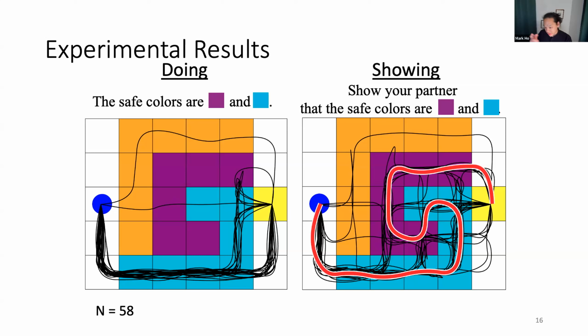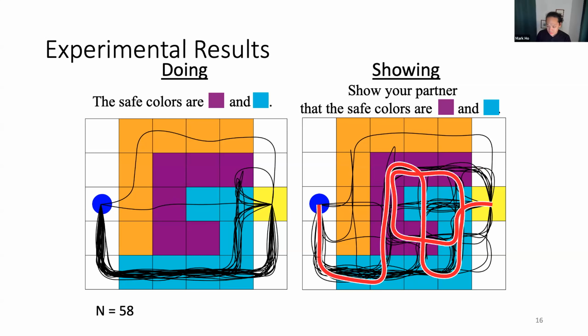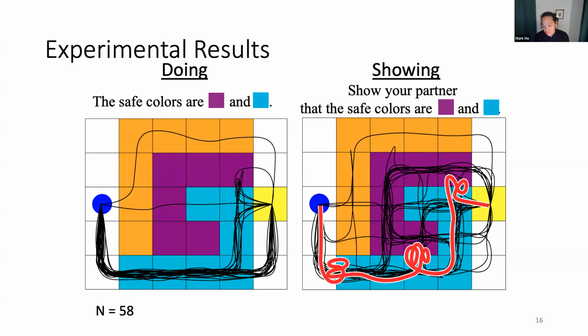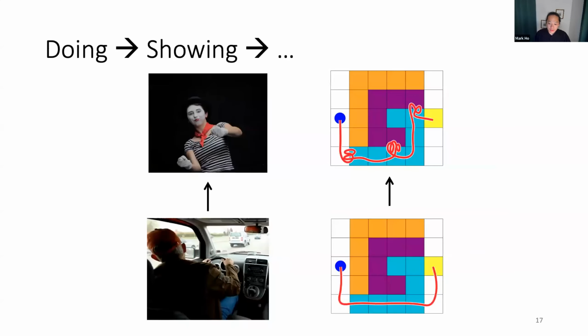For example, this person went down and around. This person cycled around and around. This person picked specific locations to scrub back and forth on. And we can ask, from a computational perspective, what's going on between this doing type of action and the showing type of action?